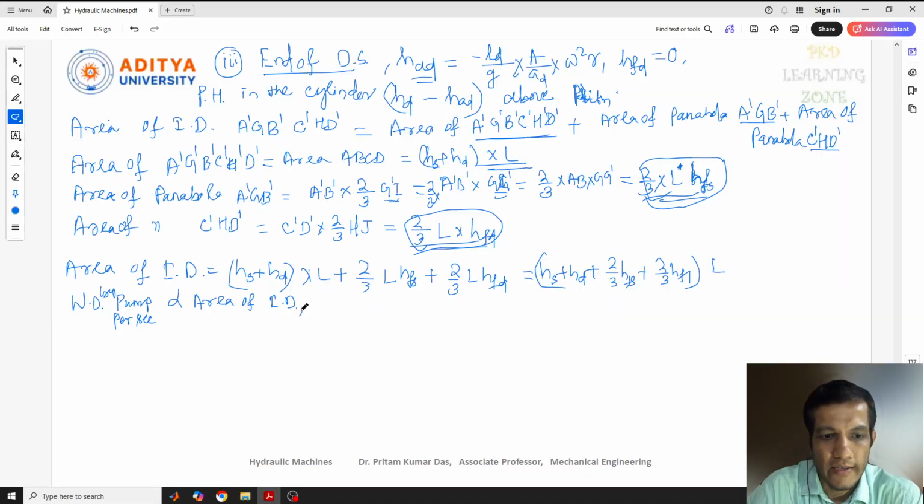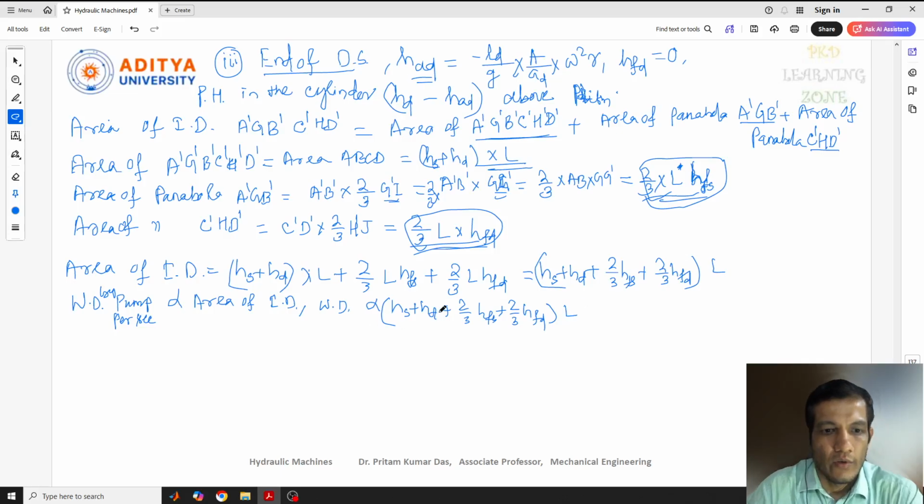So I can write the work done by the pump is directly proportional to the same value: HS plus HD plus 2 by 3 HFS plus 2 by 3 HFD, and the whole bracket times L.